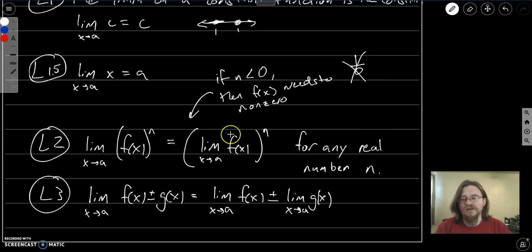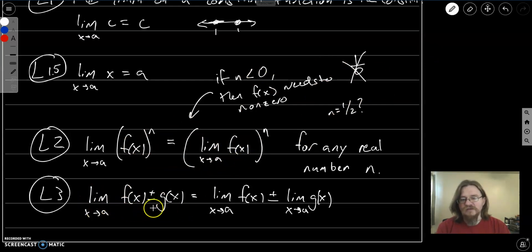So if we want this limit to exist, we better not be taking a limit and get 1 divided by 0. We have to be a little bit careful. And for instance, n could be 1/2. So I could take the square root of a function, and what I'm just going to get is the square root of the limit. So these are just some things to keep in mind, and we'll see some examples of this in a little bit.